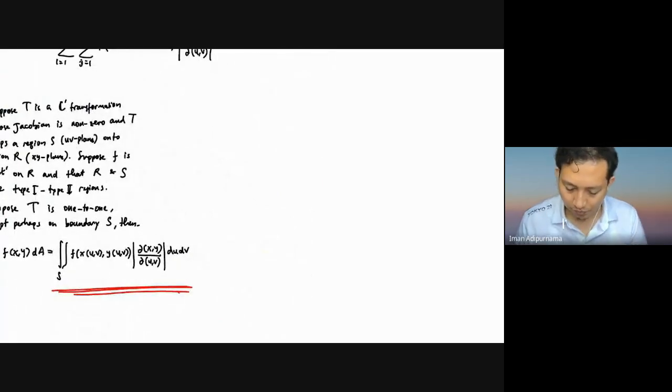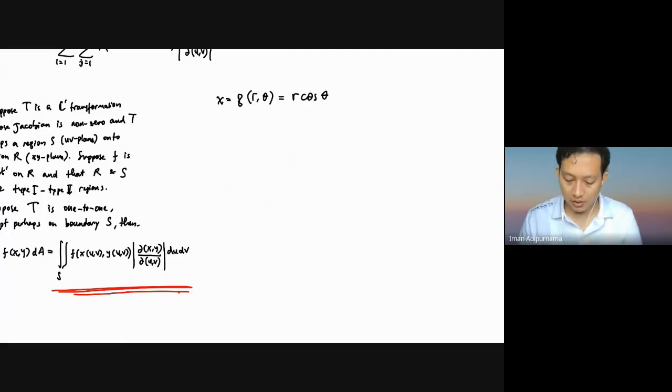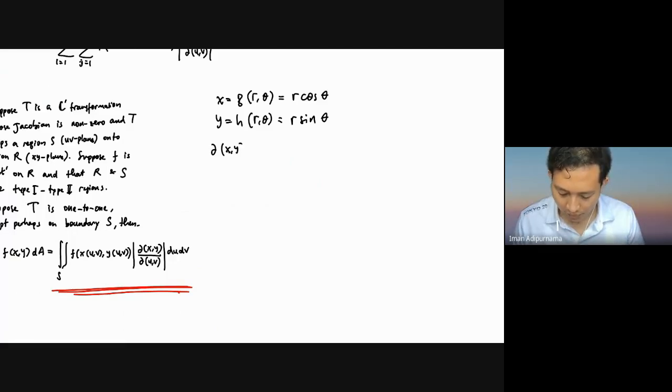Let's say we have x is g, a function of r theta, and we know that x is r cosine theta in the polar conversions, and y, let's say it's also a function of r theta, and we know this is r sine theta. Okay, we can start by checking the Jacobian here.